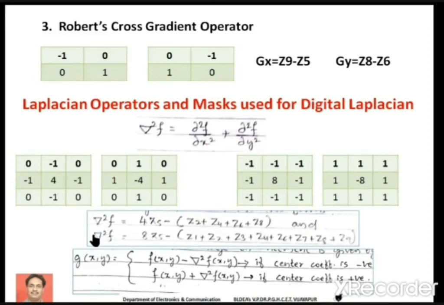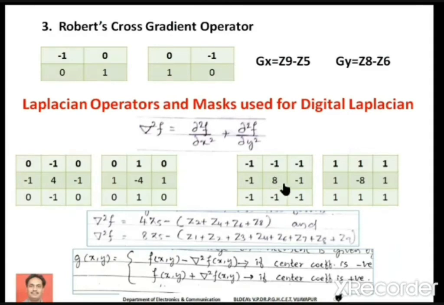And similarly, del square f by using this other mask, which I'm showing with the cursor, can be computed as 8z5. But now minus 1 is present in all the locations. The equation for computing the Laplacian using this mask will be 8z5 because the center pixel is 8.